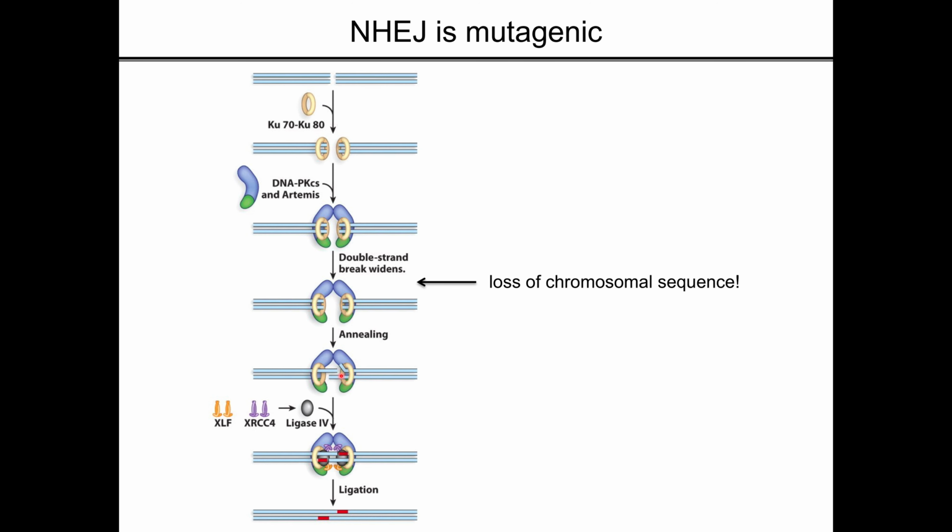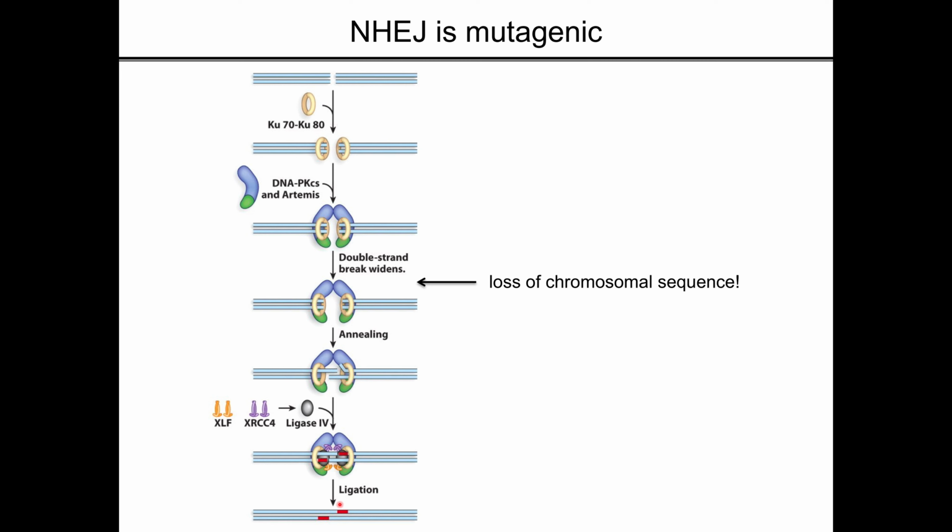So once the DNA-PKcs and Artemis complex identify a short region of complementary sequence, then additional proteins, XRCC4, XLF, and a DNA ligase will come in, fill this in, and ligate the DNA together.